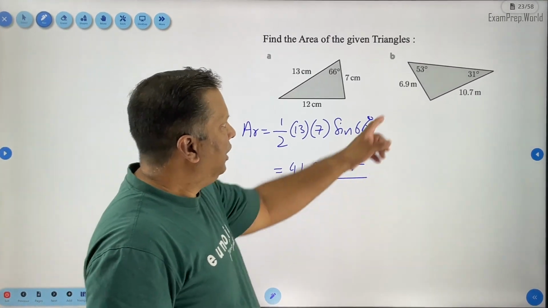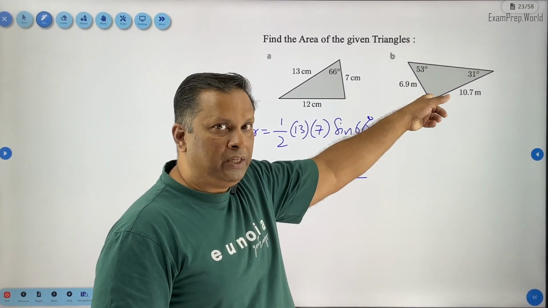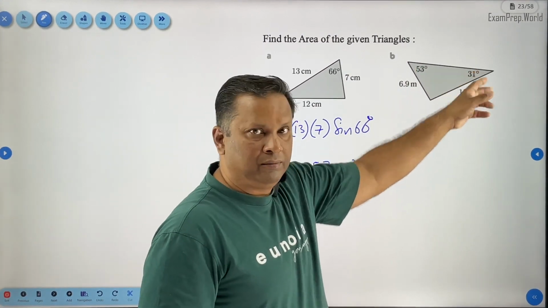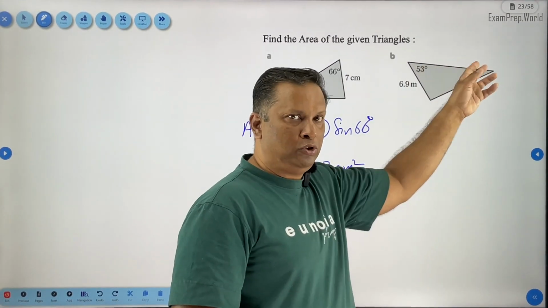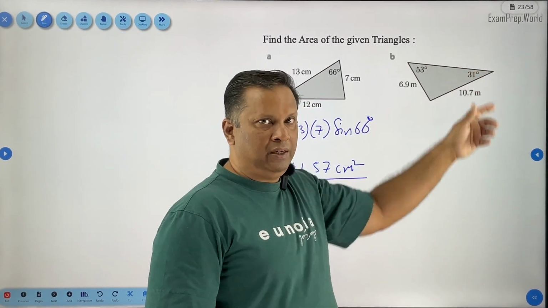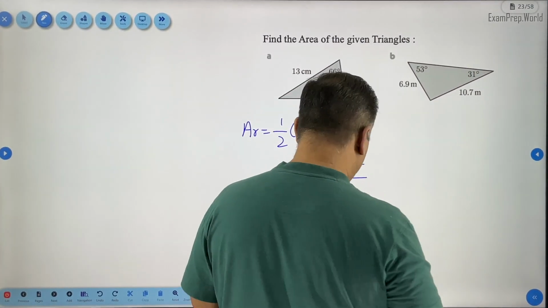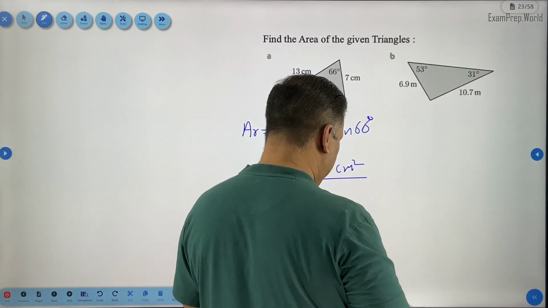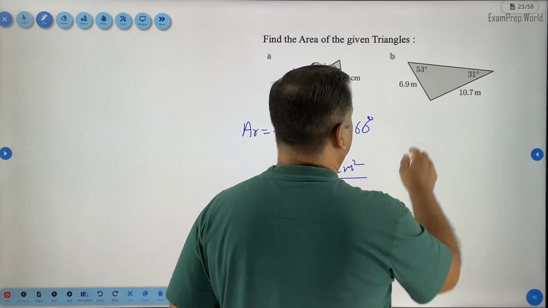Here we have two sides but we don't have the angle. We need the angle between two sides, but the other two angles are given, right? So what should be the third angle? 180 minus the sum of these two, because all three angles of a triangle add to 180, you all know that, right? So 180 minus 53 minus 31, it is 96.